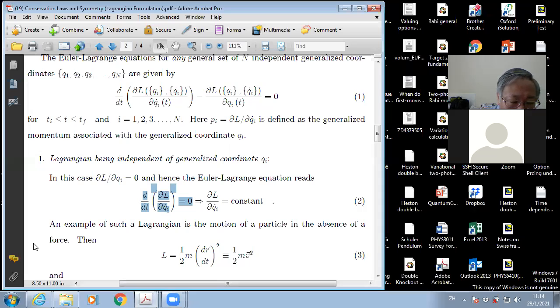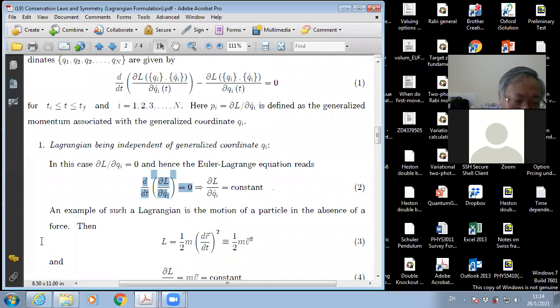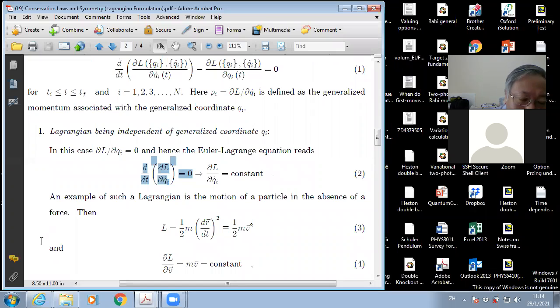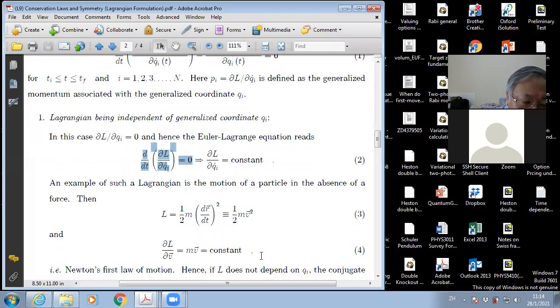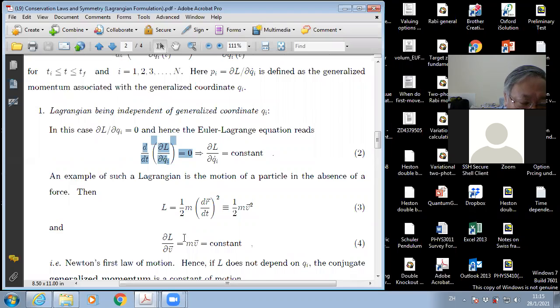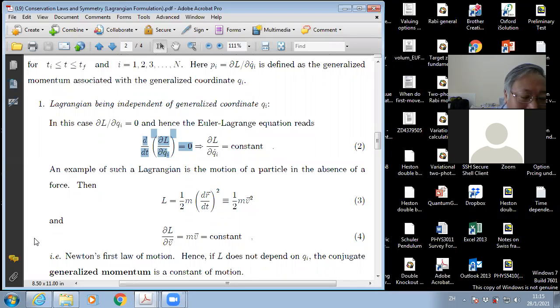An example of such a Lagrangian is the motion of a particle in the absence of a force, a free particle. The Lagrangian consists of kinetic energy only, and the corresponding generalized momentum is given by ∂L/∂v vector equal to mv vector equal to a constant.